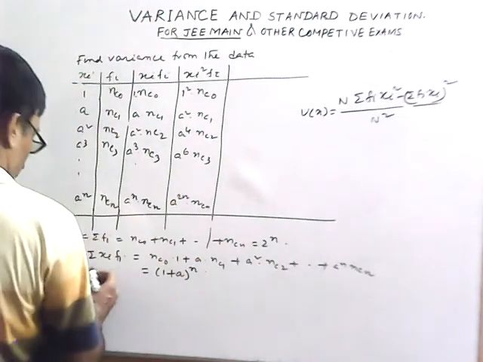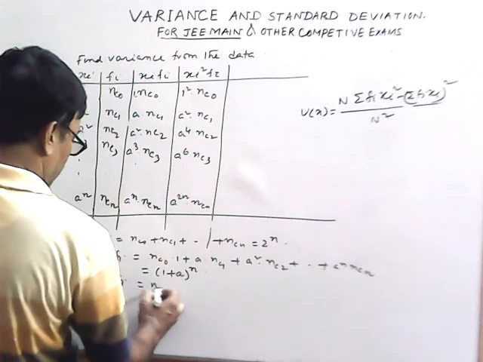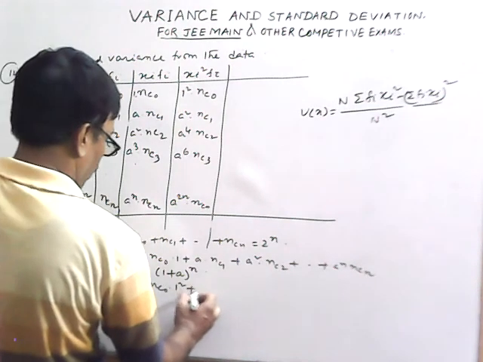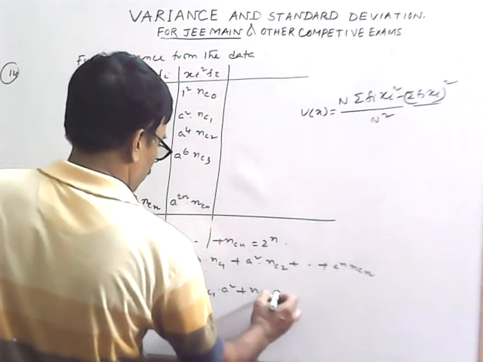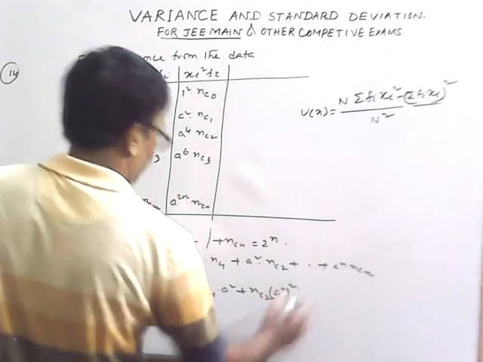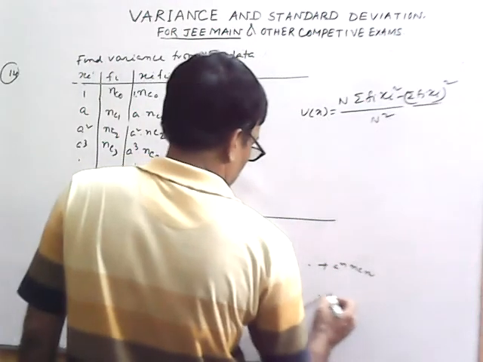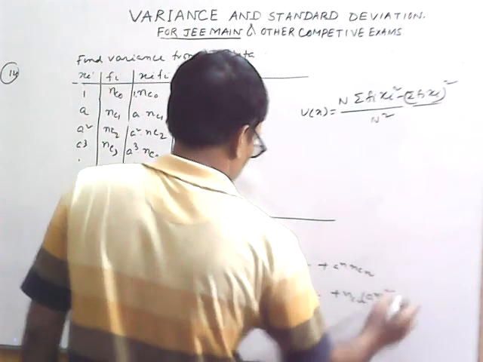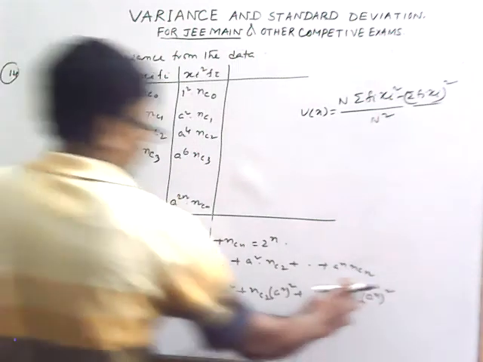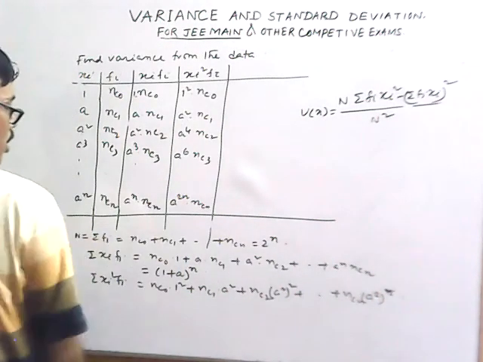And xi square into fi. So this is again nC0 into 1 square, nC1 into a square, nC2 into a square whole square, a to the power 4. And finally nCn into a to the power n whole square, a square to the power n, a to the power 2n.